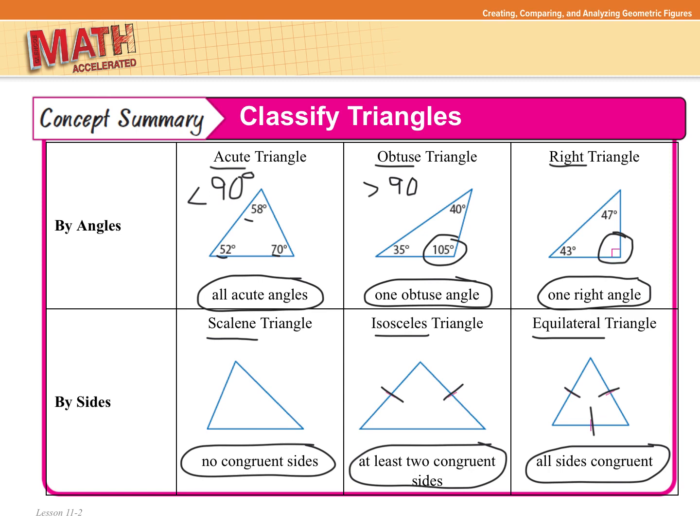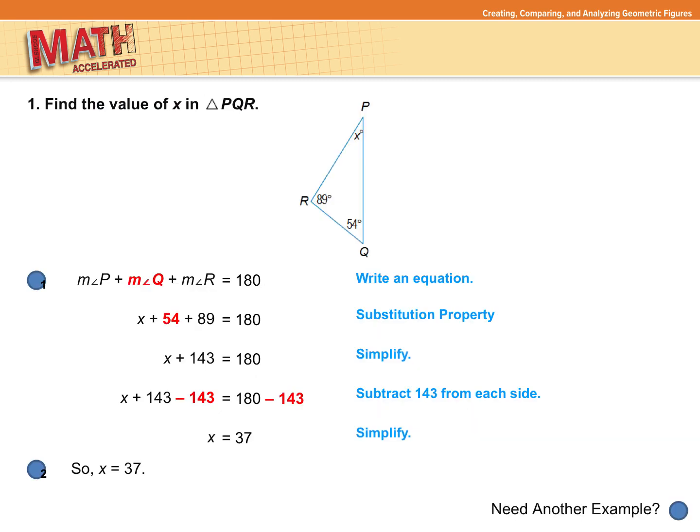Okay? Let's look at some examples. In this example, it wants us to find our missing value, that x. Okay, well, what do we know about all angles of a triangle? They add up to 180 degrees. So how do we solve this? Take the 2 that you know, add them together. 89 plus 54.